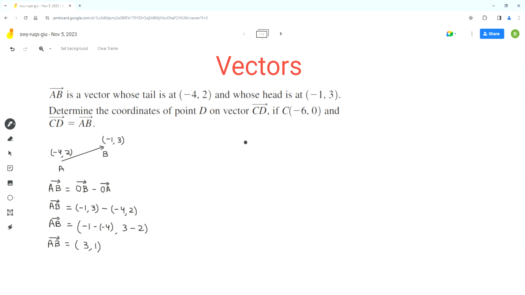Now we have to analyze vector CD. We are given that point C is (-6, 0), so we can do the same analysis for vector CD.